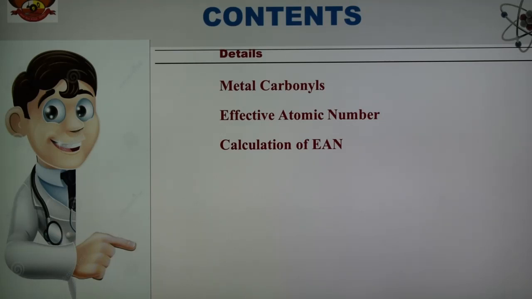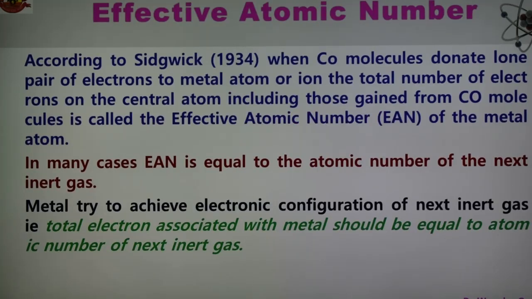So what is EAN? According to Sidgwick, who suggested in 1934, when a CO molecule donates a lone pair of electrons to the metal atom or ion, the total number of electrons on the central atom, including the electrons donated by carbonyl groups, is known as the effective atomic number.